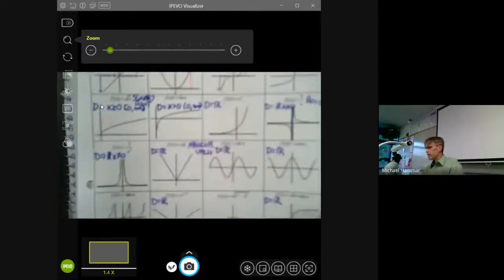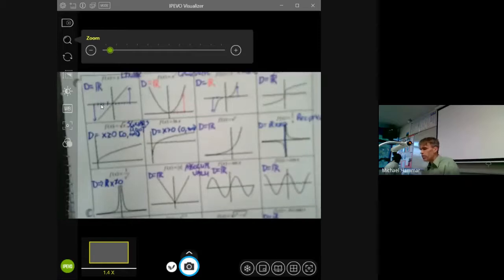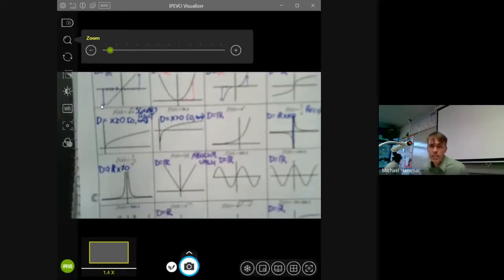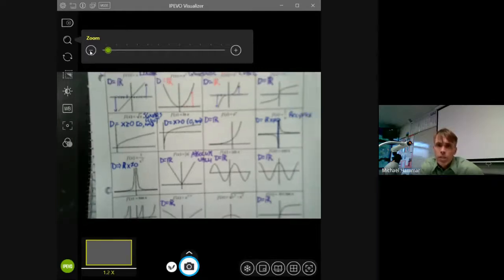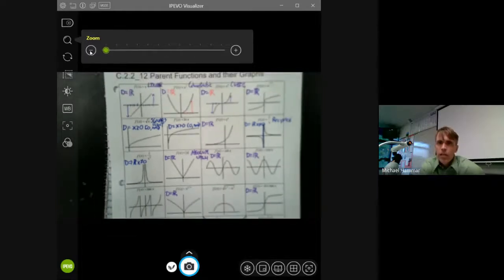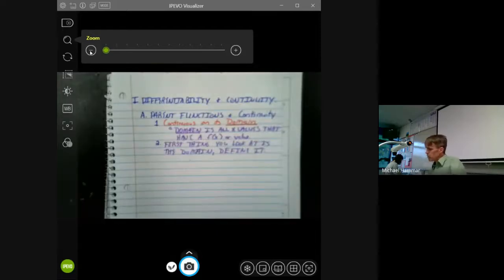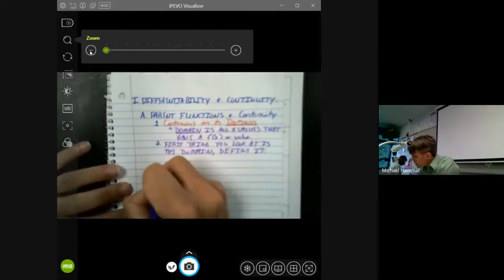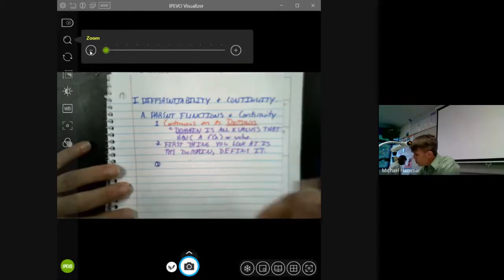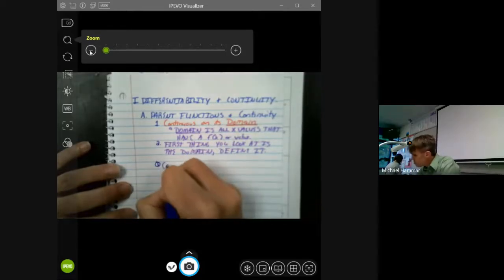So are you kind of getting the feel for this? Looking at a graph, all of these functions have very specific domains. Now, this comes into play when we start talking about continuity. Let's take a look at what it means to be continuous.